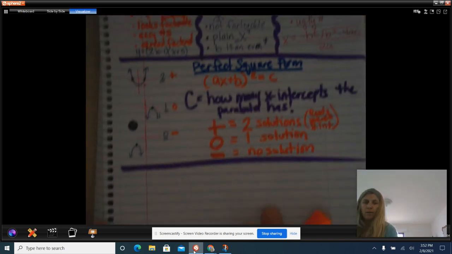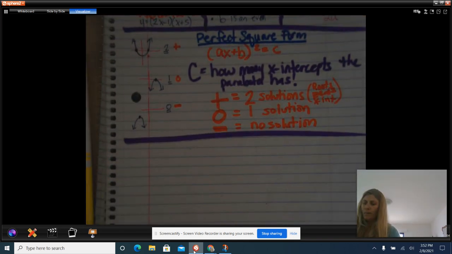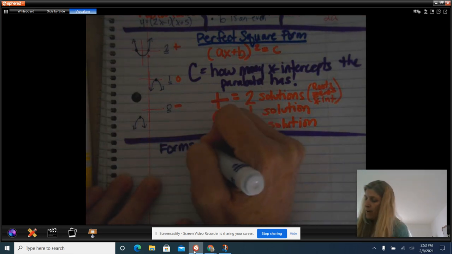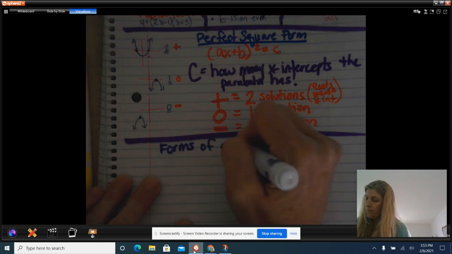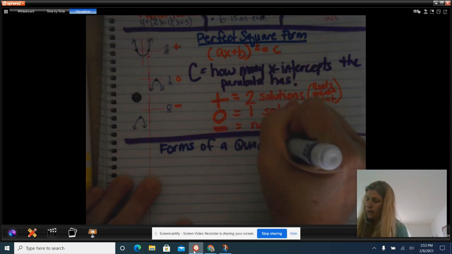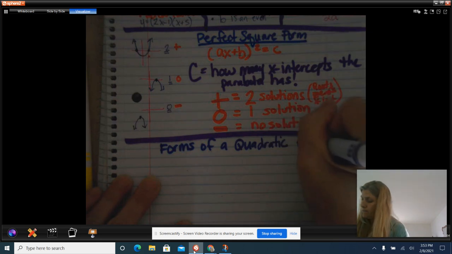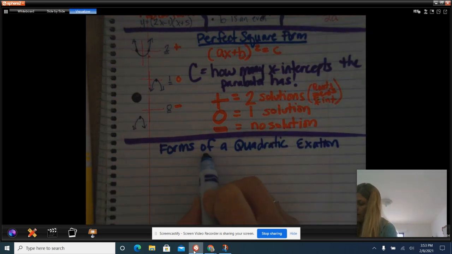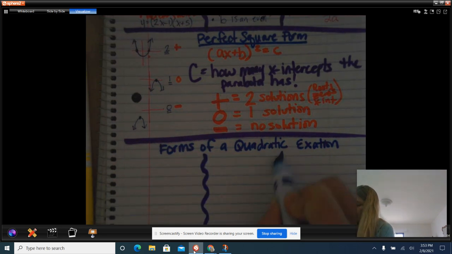Now, the last part that we're going to talk about today is forms of a quadratic equation. And once again, we know that there are three.